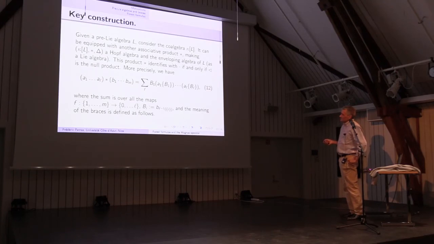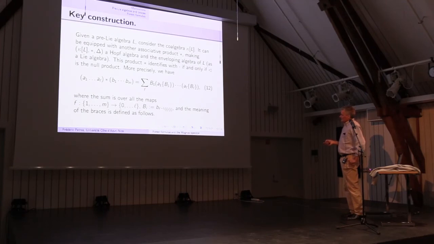Namely, you can choose the algebra of polynomials over L, with the coproduct I've introduced earlier, which is dual to the product of polynomials. But you can define a new associative product on the algebra of polynomials over L using this formula. You want to define the product of two monomials. You're going to split this monomial B1 to Bm in all possible ways as a product of monomials B0, B1 to Bl.